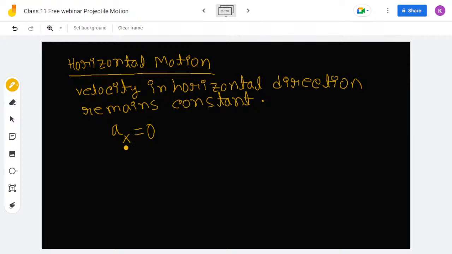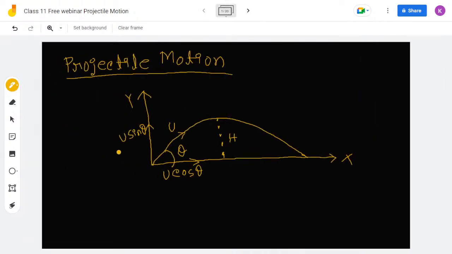We can also say that this is the x component of the acceleration. Now, from equation of motion, we know that, let's write down the equation of motion first. We know from equation of motion that v equal to u plus at.